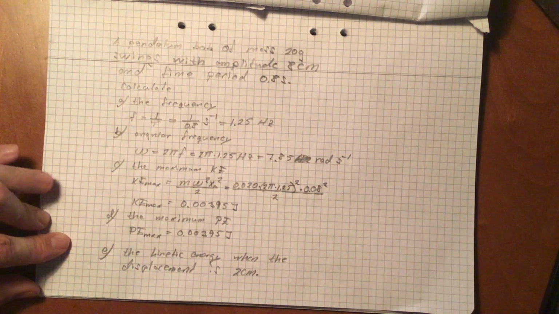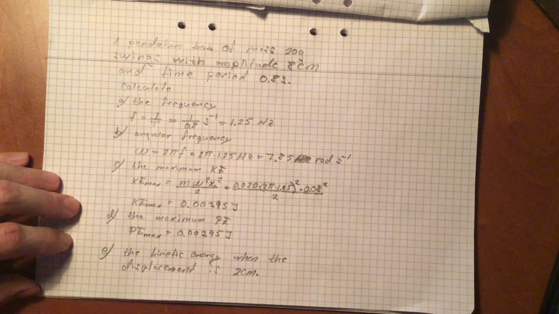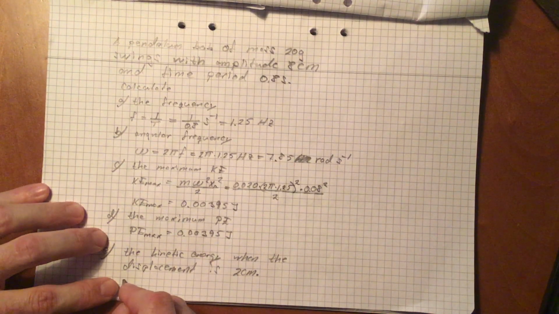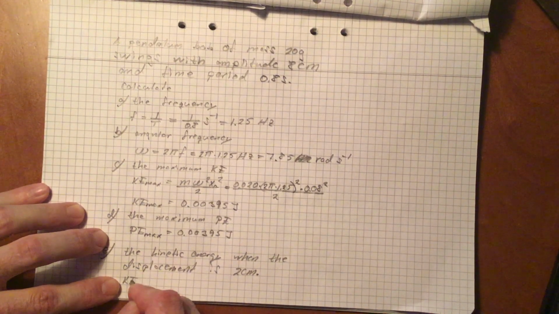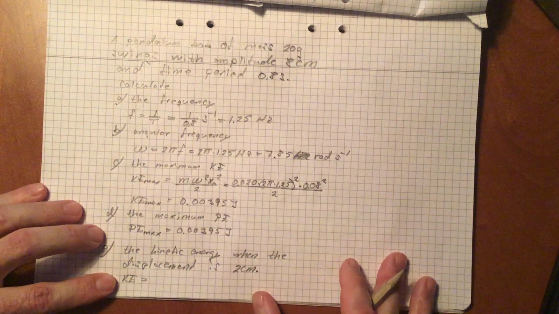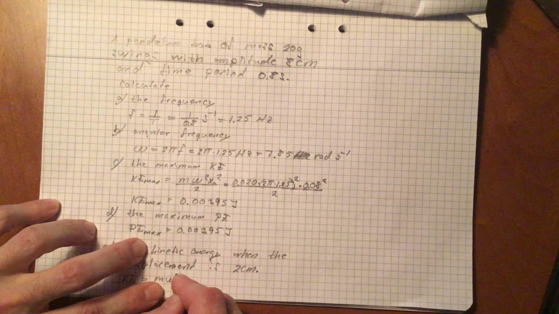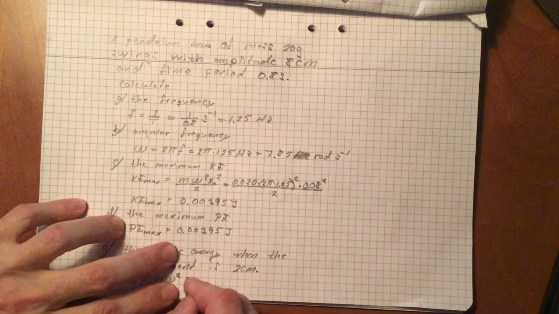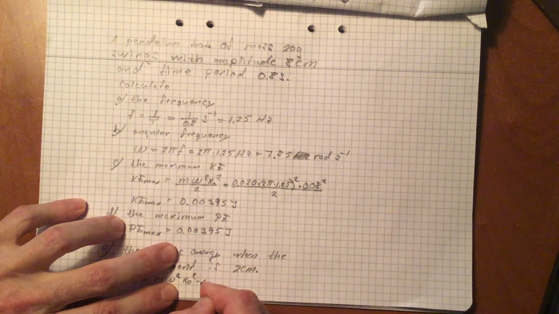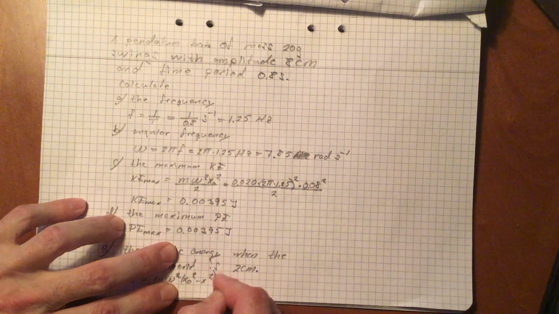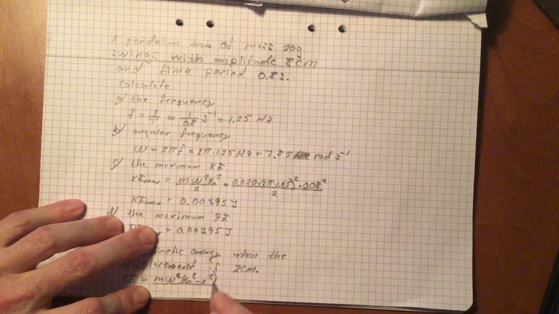Can you calculate it? Try to. The formula is like this. The kinetic energy is equal to m omega squared times x0 squared minus x squared, brackets around it, and you divide it by 2.